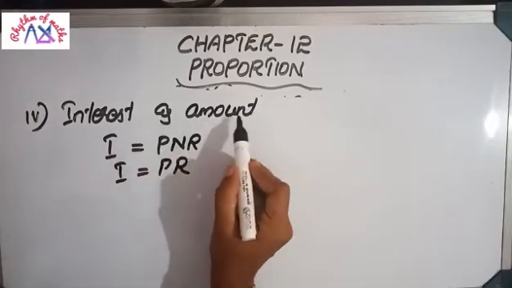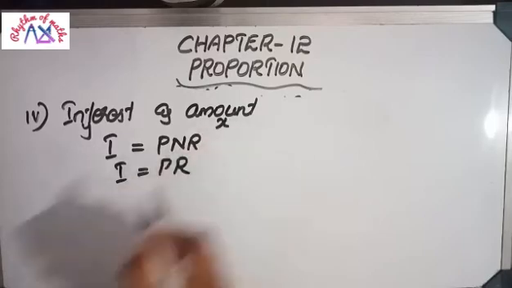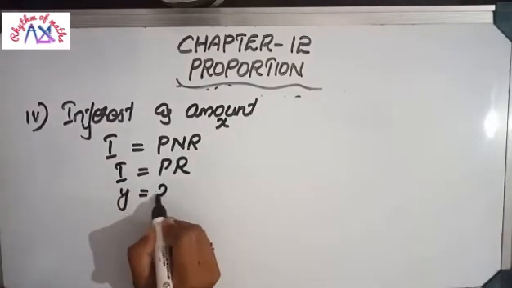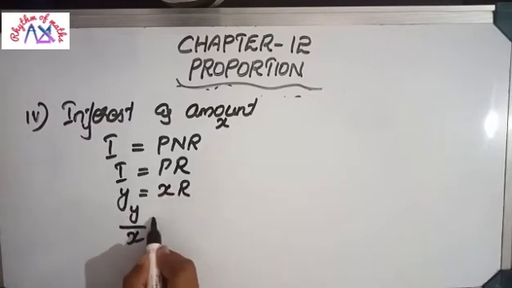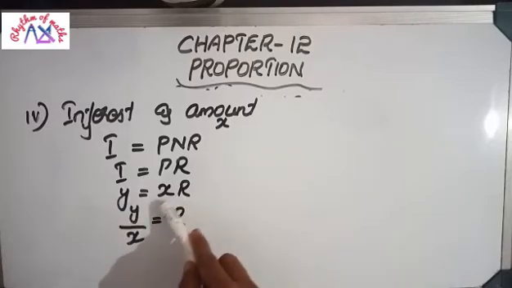Now, interest we can consider as y and amount as x. So the equation becomes y equal to x r, that means y by x equal to r. It is in proportion because interest divided by amount gives a fixed answer.